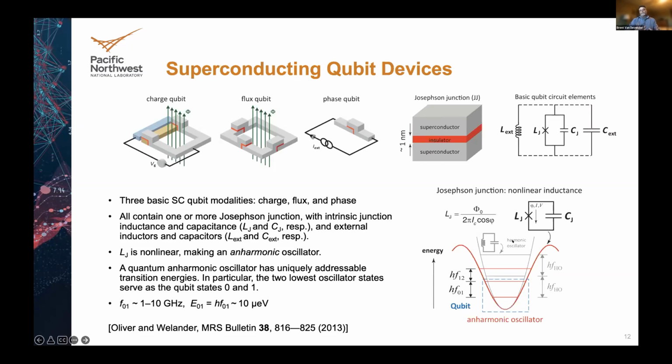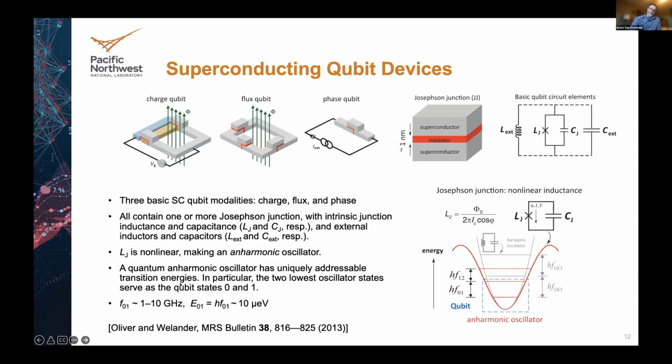In quantum mechanics, if you just have a normal harmonic oscillator that you would get with normal inductors and capacitors, all of the energy levels have an equal spacing, and you can't independently control transitions between levels because all the transitions are the same. The nonlinearity of this Josephson junction breaks that degeneracy. Everybody has a unique transition now, and in particular, you can control transitions between the ground state, which will be the 0 of our qubit, and the first excited state, which will be the 1, without exciting any of those higher states.